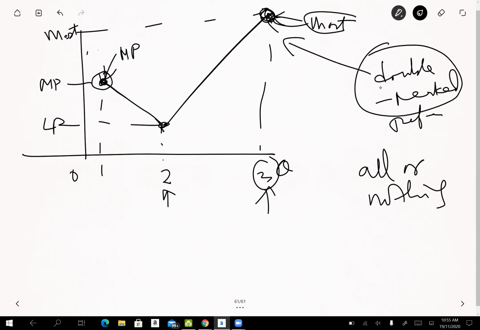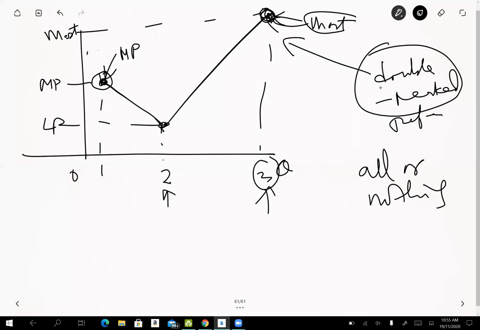Either I have it all, or I have nothing. There will be no moderate choice. For those who have single peak, if they don't have their most preferred choice, they will go for their moderate choice, which is somewhere nearer the highest point.